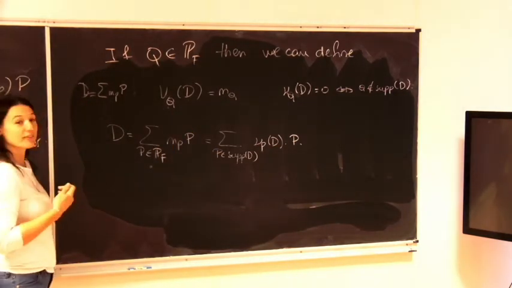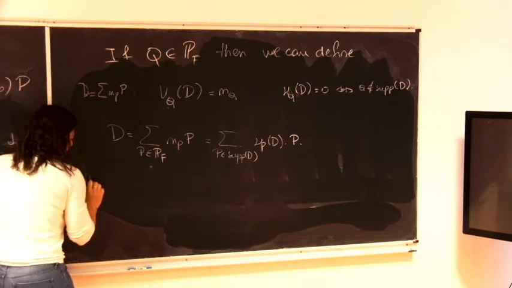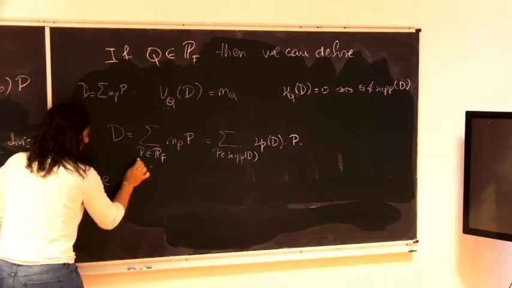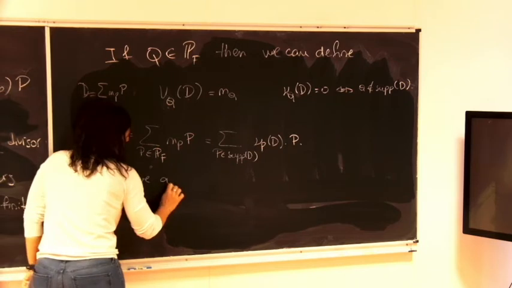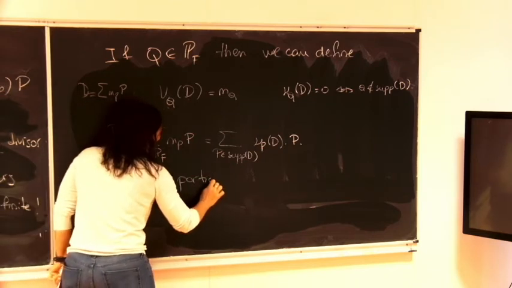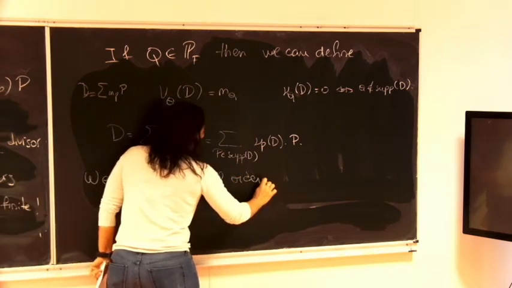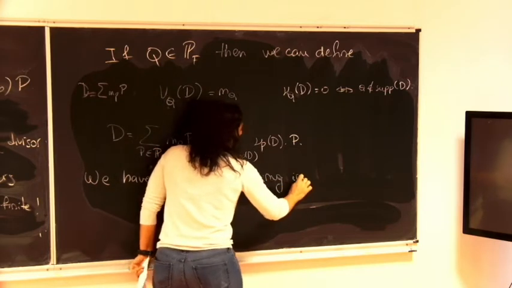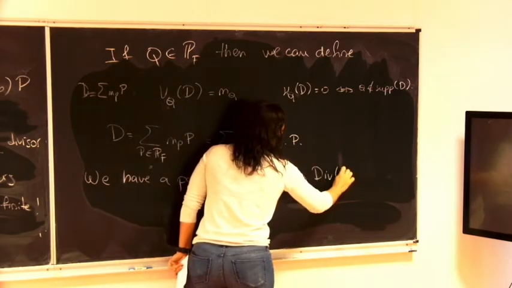And we have a partial ordering in the set of divisors.